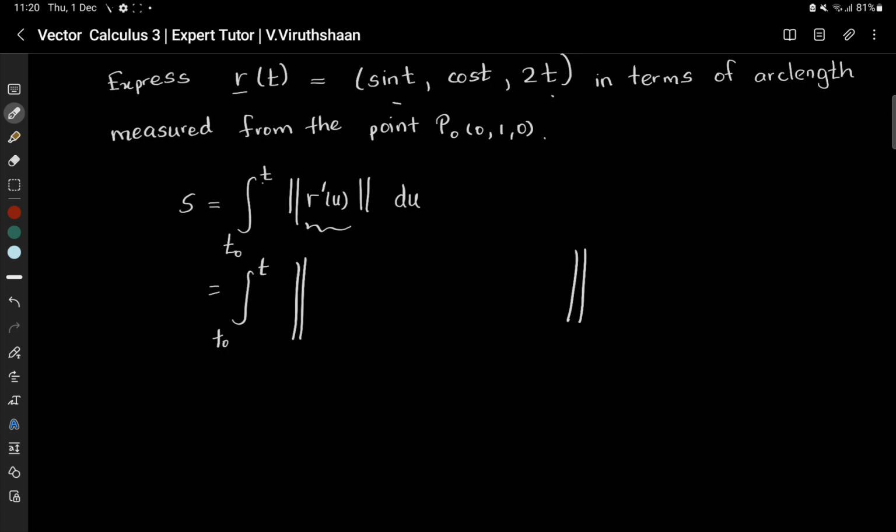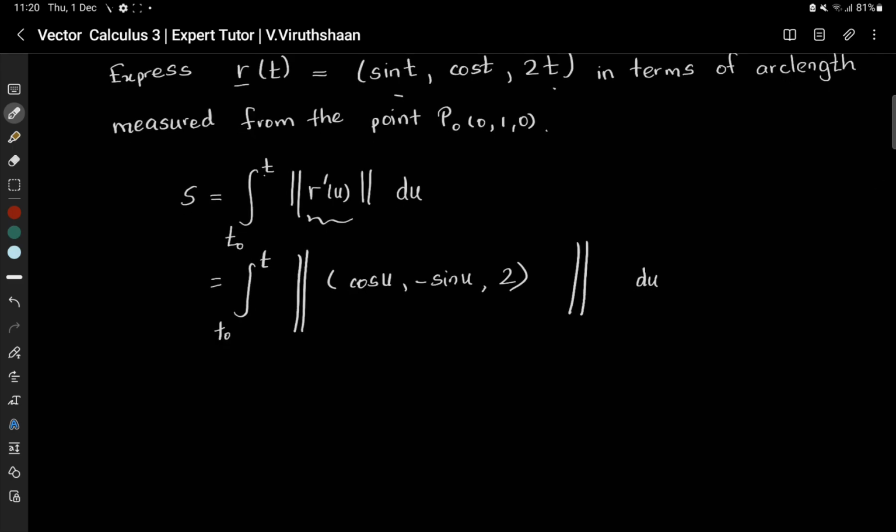If you differentiate sine u with respect to u, you get cos u. Likewise, if you differentiate the others, you get some values. Now I have written all those values. Here we have got cos u, minus sine u, 2. So this is the tangent vector of that r t, the line.